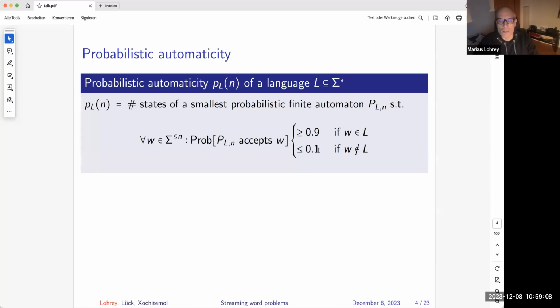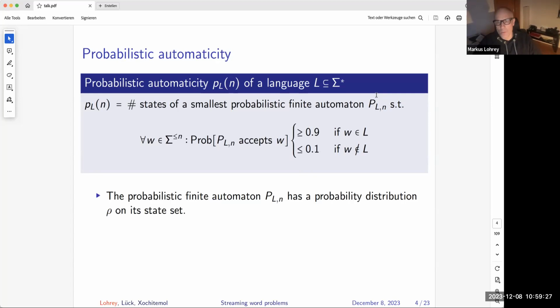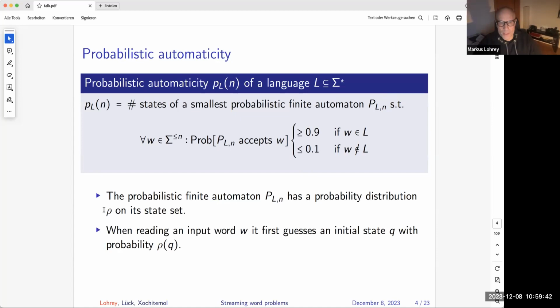First of all, I should explain in more detail how a probabilistic finite automaton works on an input word W. Basically, this automaton is the same as a deterministic finite automaton, with one additional ingredient, namely a probability distribution on the set of states, which I call rho.